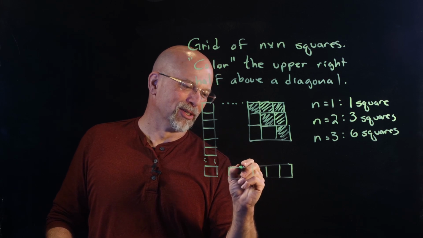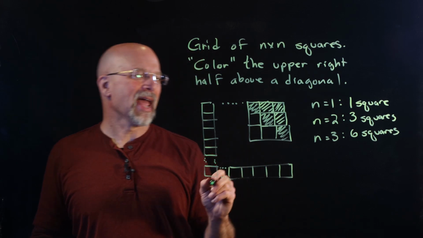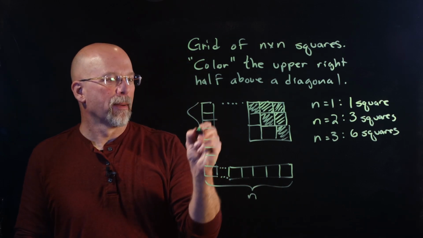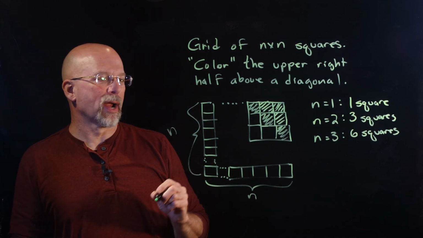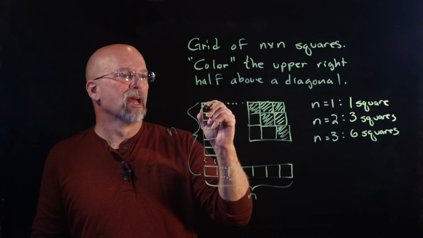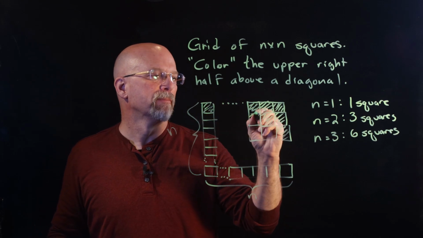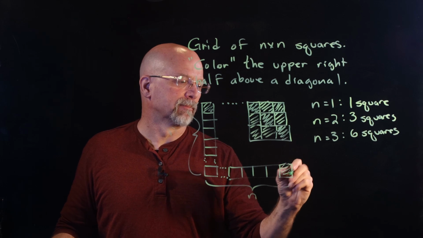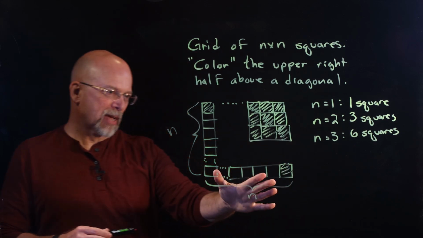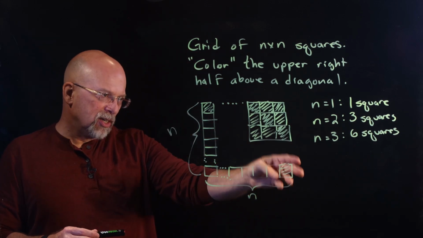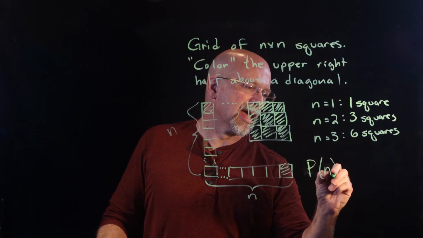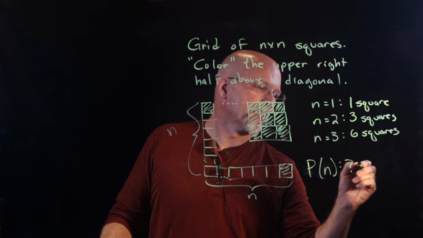I don't know how well this drawing is going to work, but now I have some random n by n square of grid, where the upper diagonal is all colored in, right? And so I've got some of these uncolored, some of them colored. And so for P of n, how many squares is it going to have?